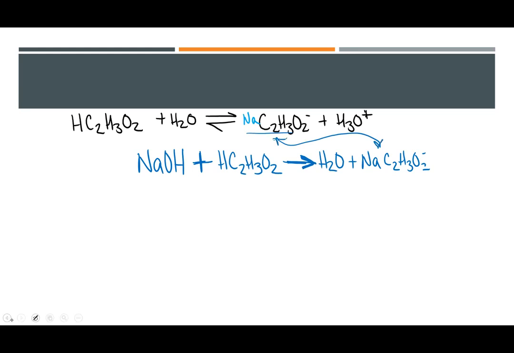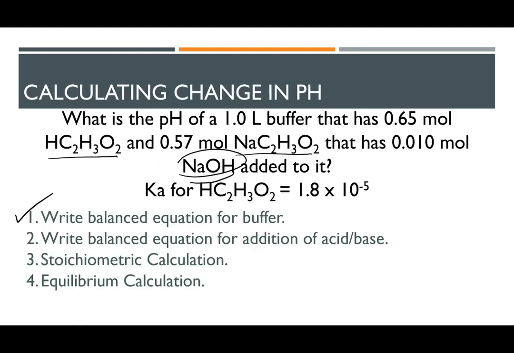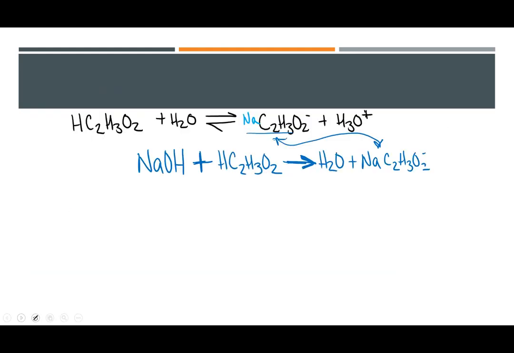Okay. Step 1, write the equation for the buffer. Step 2, write the balanced equation for the addition of the acid or base. Step 3 is going to be to calculate how this changes things stoichiometrically. So remember, this is moles before, moles added, moles after.